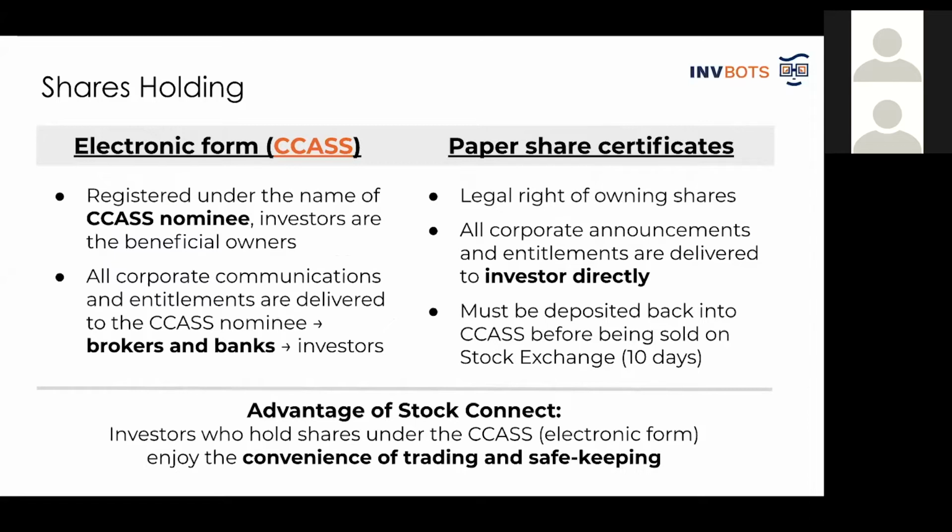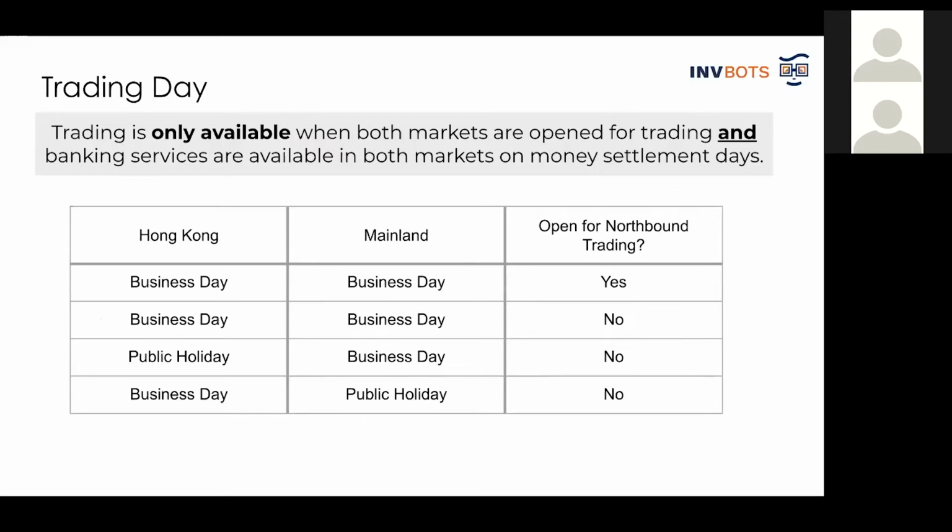This is the main difference between CCASS and paper share certificates. The shares are registered under the name of CCASS Nominees, and investors are the beneficial owners. In other words, investors don't have the legal right to the shares, while they remain the beneficial owners.